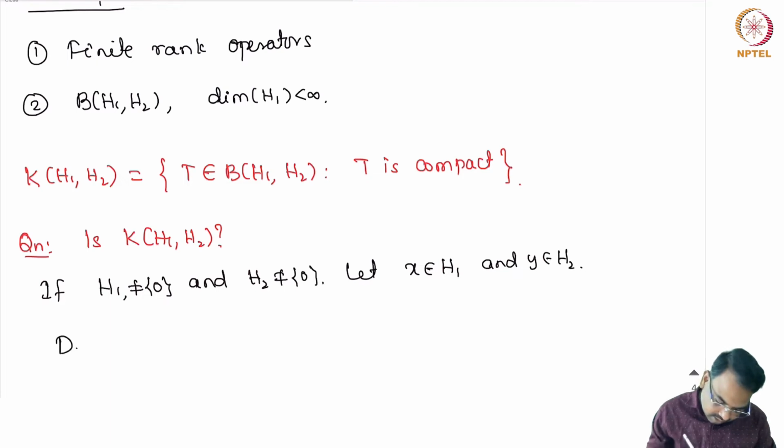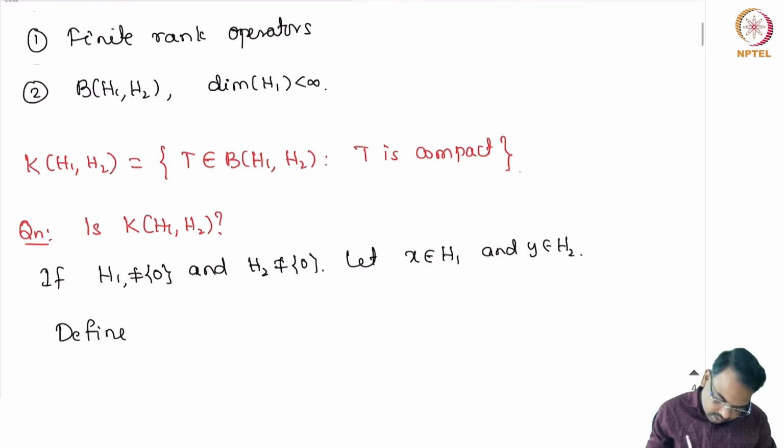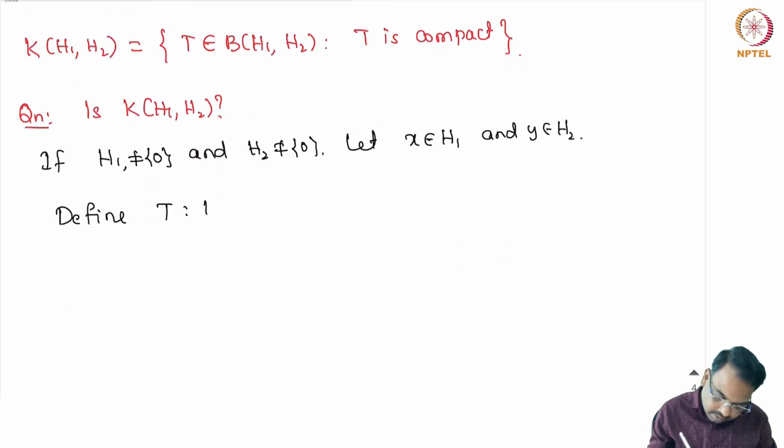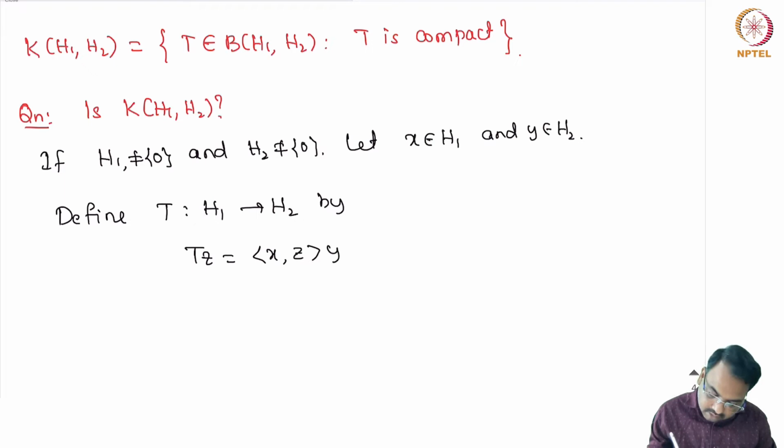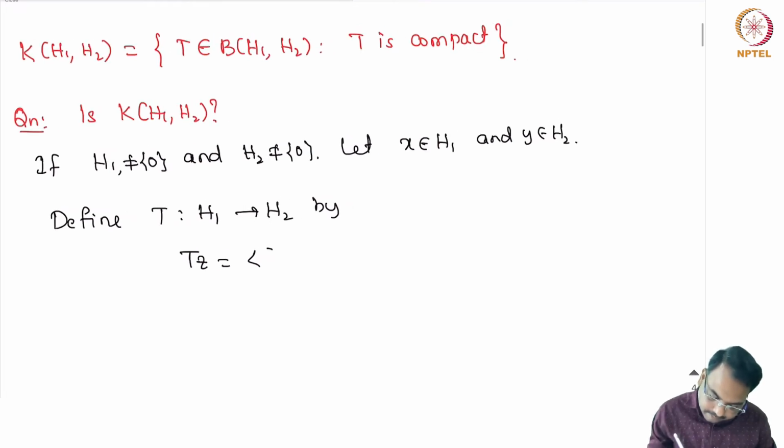Now we can define T from H1 into H2 by T of z as inner product of z with x multiplied by y for every z in H1.